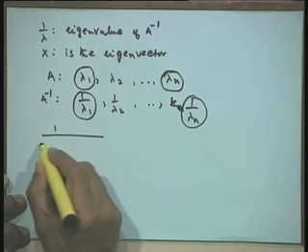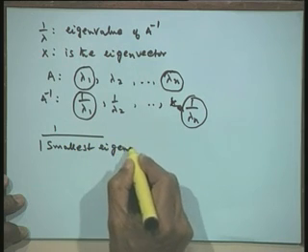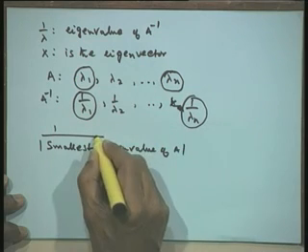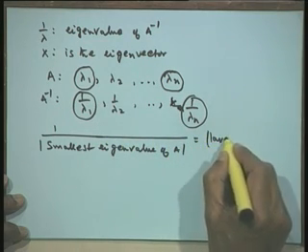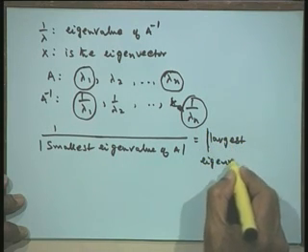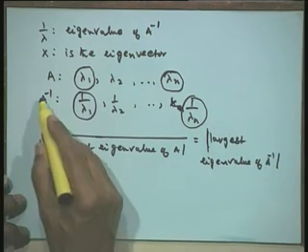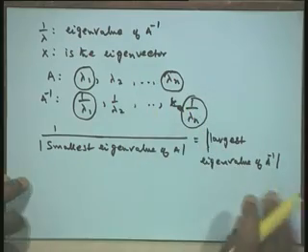Therefore, 1 upon the smallest eigenvalue will be the largest eigenvalue of A inverse, and this will be 1 upon lambda n of this.